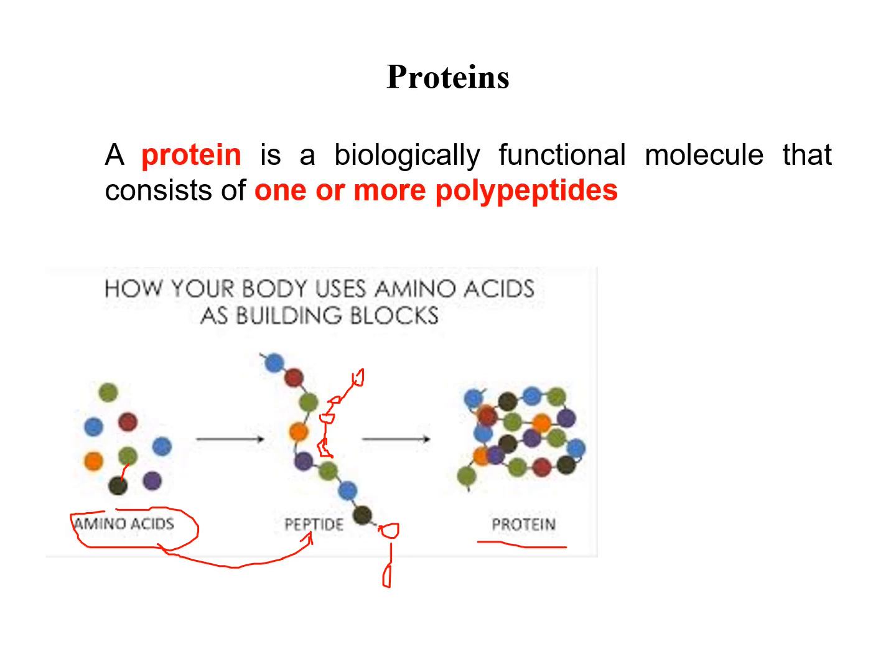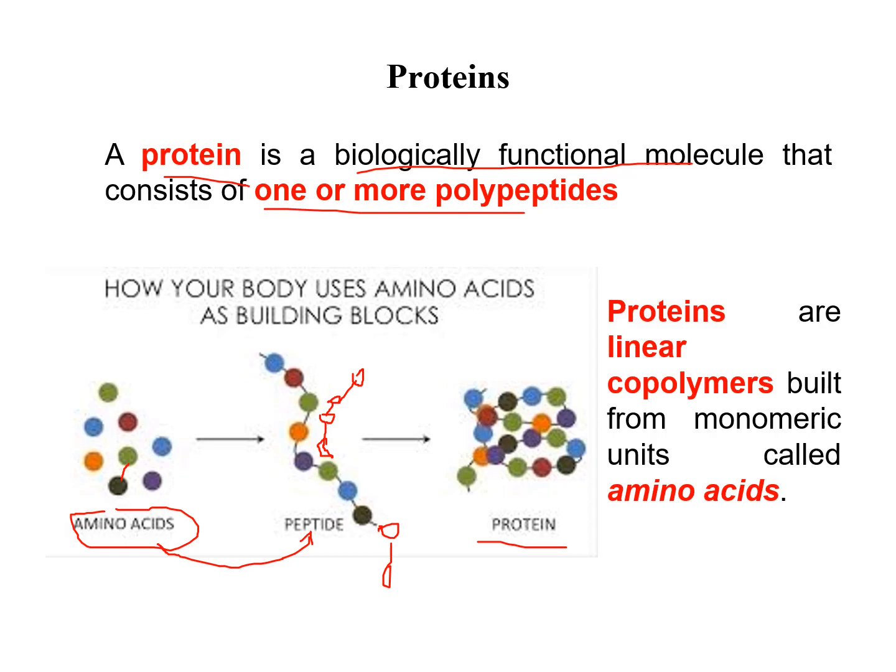So a protein is a biological function molecule that consists of one or more polypeptides. Proteins are linear polymers that are built from amino acids. So you go from amino acid, form a peptide, the peptides start interacting between each other and they form a protein.